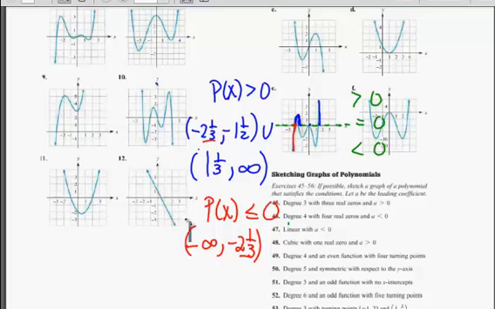And then it goes back down, less than 0, from here to here, which is -1.5. Oops, I'm doing the wrong signs, aren't I? Because this is equal to 0. So it is equal to 0 at -2 and a third, and it's equal to 0 at -1.5. Then it goes under the graph, and then again it's equal to 0 at 0.